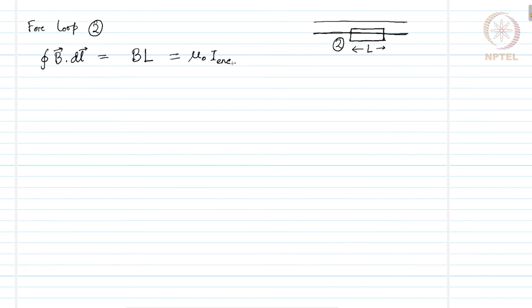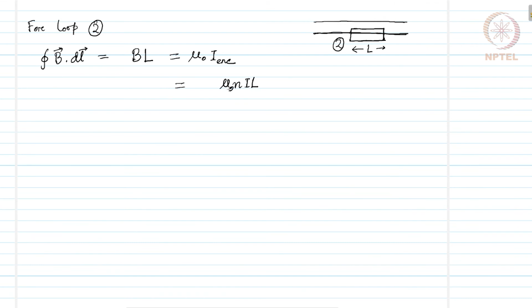It is a surface current, but there is a closely wound wire, and that wire carries a current I. So, per unit length it will carry nI amount of surface current density. The total current over length L is nIL, times mu naught.